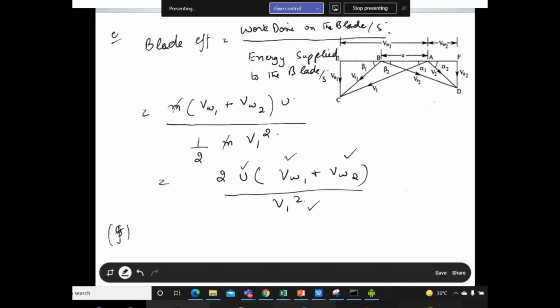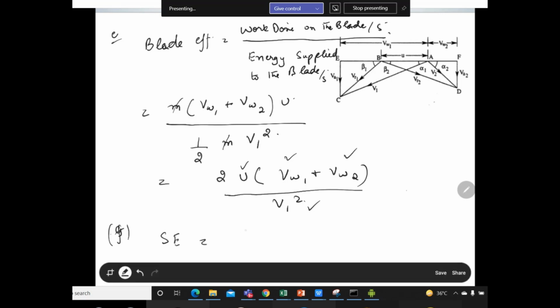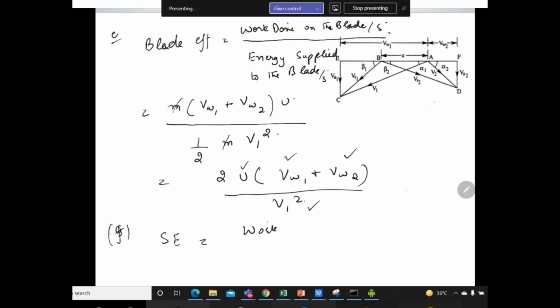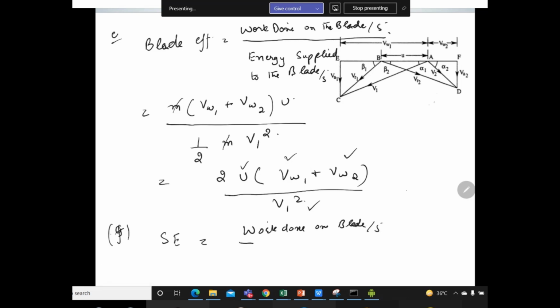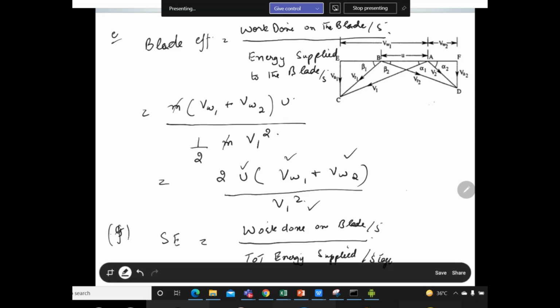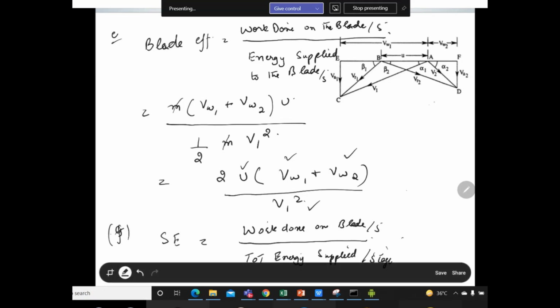So the stage efficiency is the work done on blade per second divided by the total energy supplied per stage. You can note it down and go to the next slide.